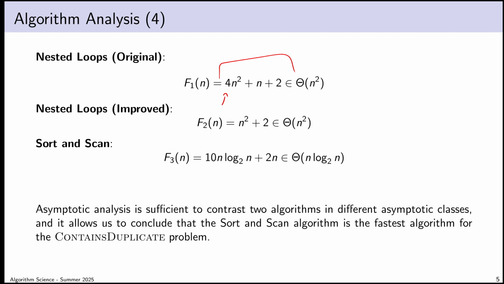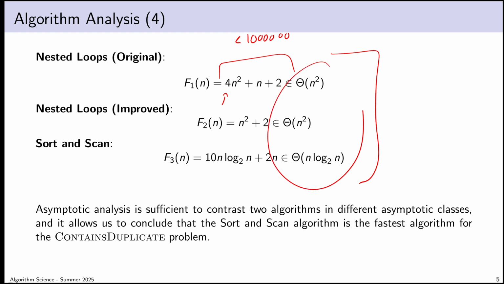And then when it comes time to compare algorithms, as long as we understood that the constants involved are relatively small, say less than 10,000 or 100,000 or 1,000,000, so that the constants are likely to be much smaller than our values of n, then it's reasonable to say, well, the sort and scan one is faster. We have to be a little bit careful, but in general, these things make sense.